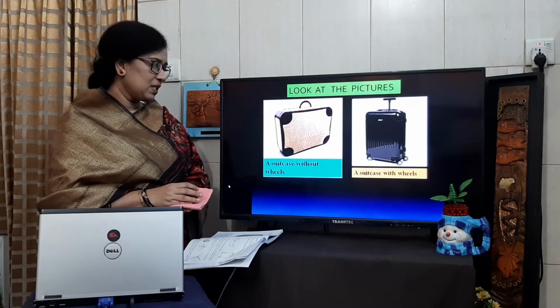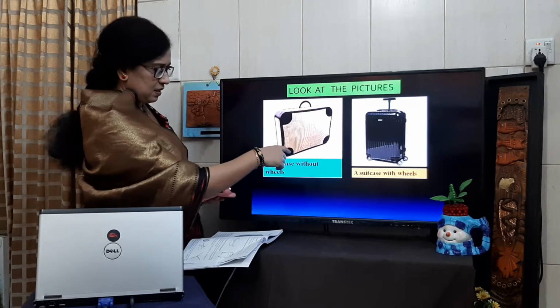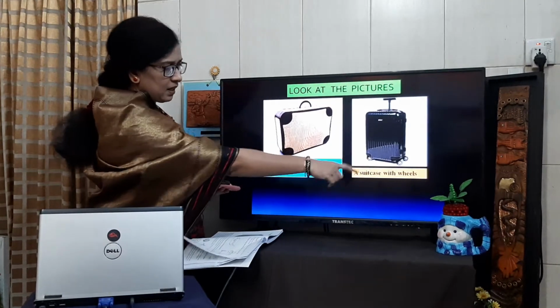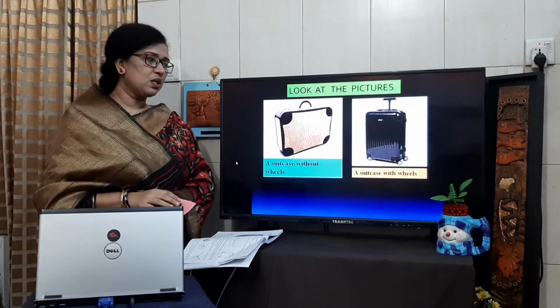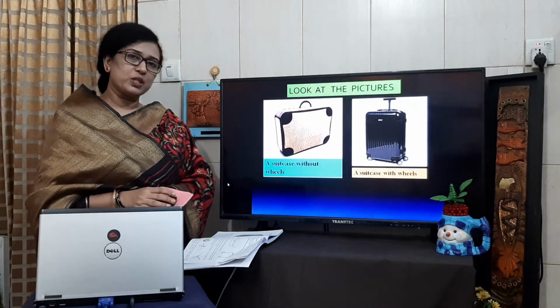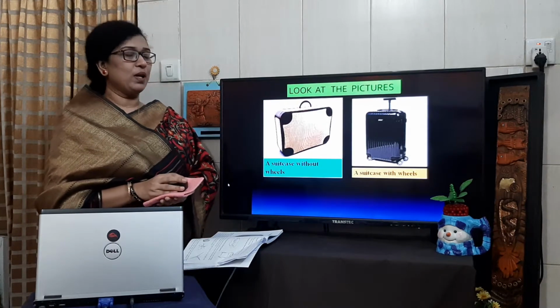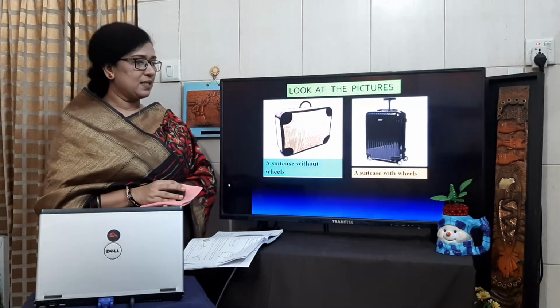So the first one is a suitcase without wheels. Look at these things. There are the wheels. And the second one is a suitcase with wheels. So there are the differences between two suitcases.